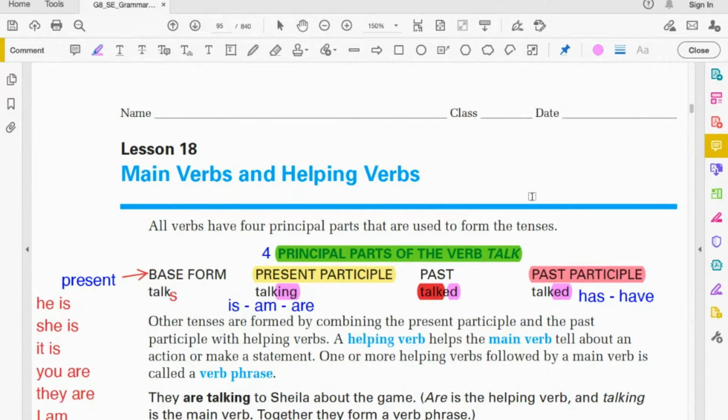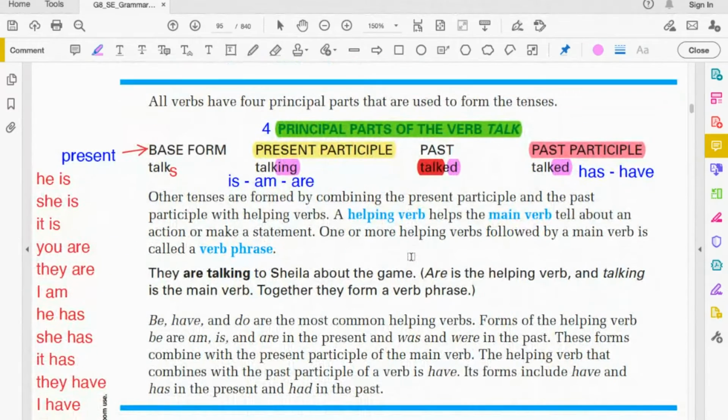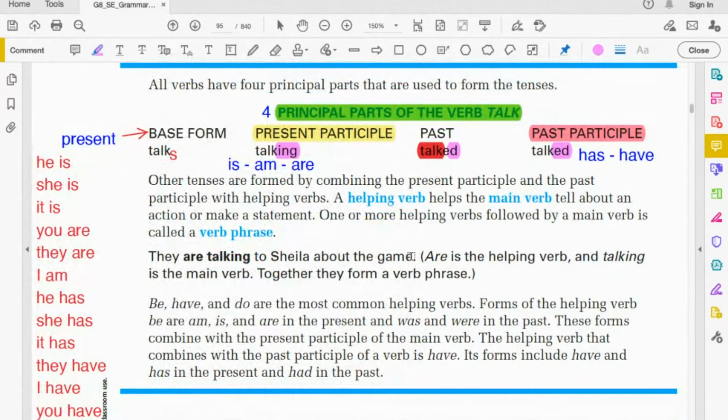And I've tried to simplify it on the side of your page. You may care to write these down as well. I talk, you talk, they talk, he talks. Present participle, talking. He is talking. She is talking.